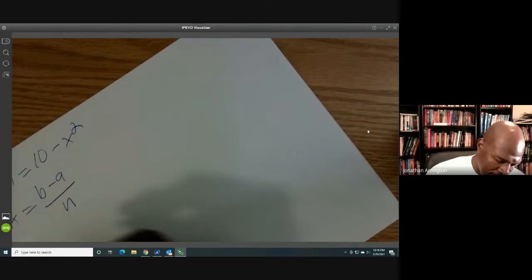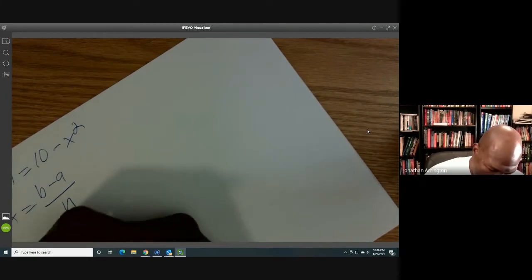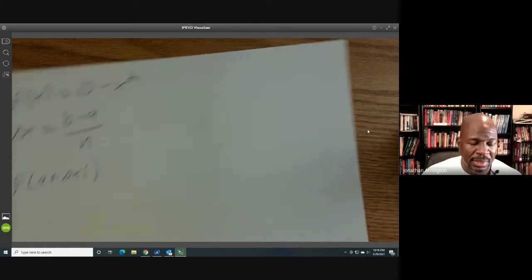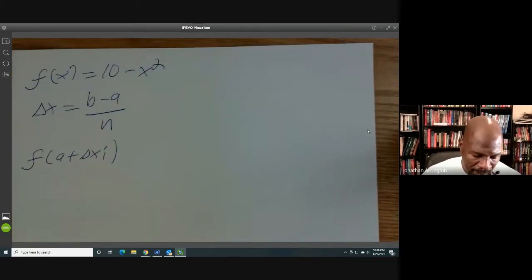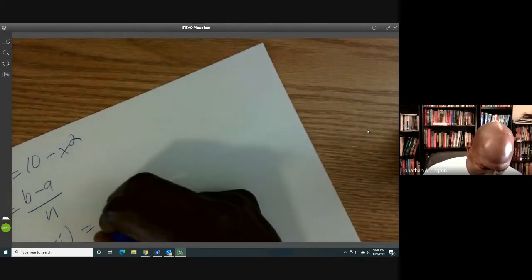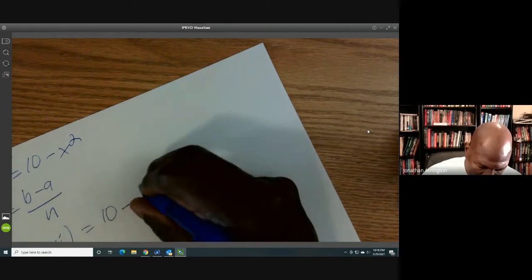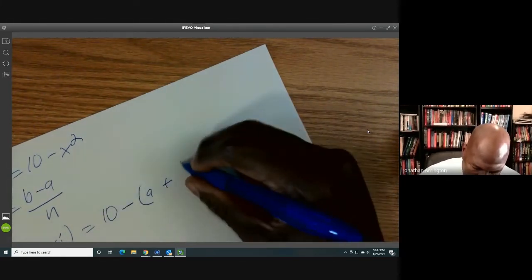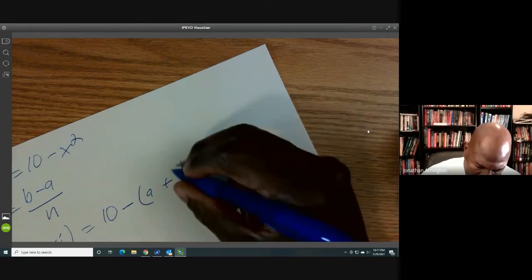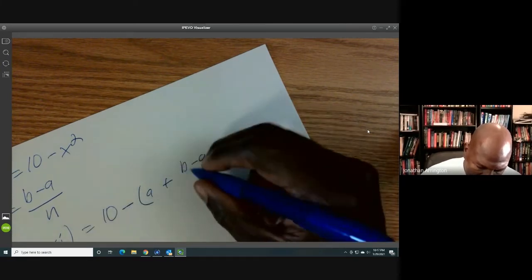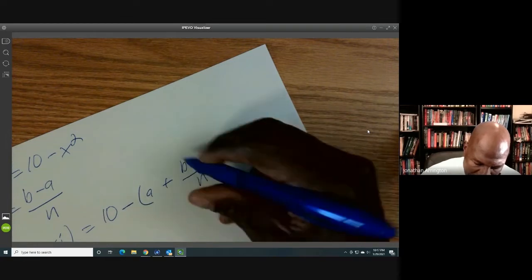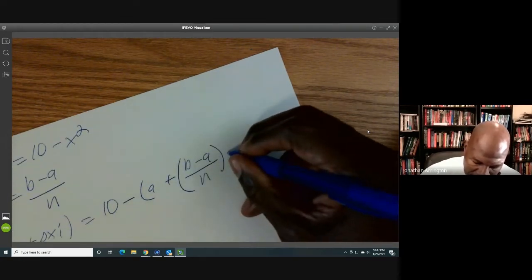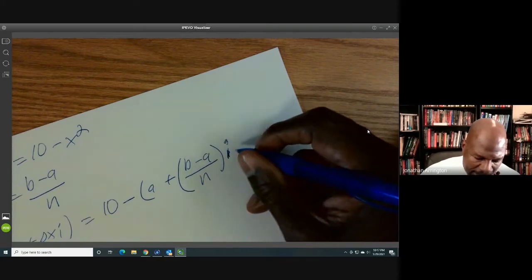And f of a plus delta x i, the guy that I really want to find, is going to be 10 minus a plus delta x, which is b minus a over n, times i.